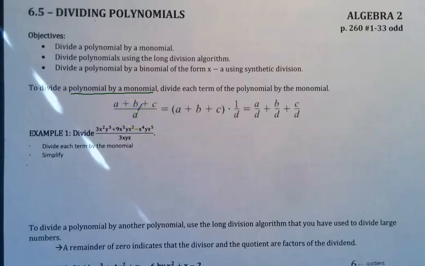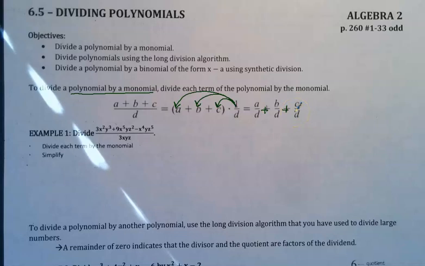When we have a polynomial divided by a monomial, it's the same thing as thinking of the polynomial a plus b plus c and multiplying it by 1 over d, our monomial. If we distribute that, we end up with a divided by d plus b divided by d plus c divided by d.